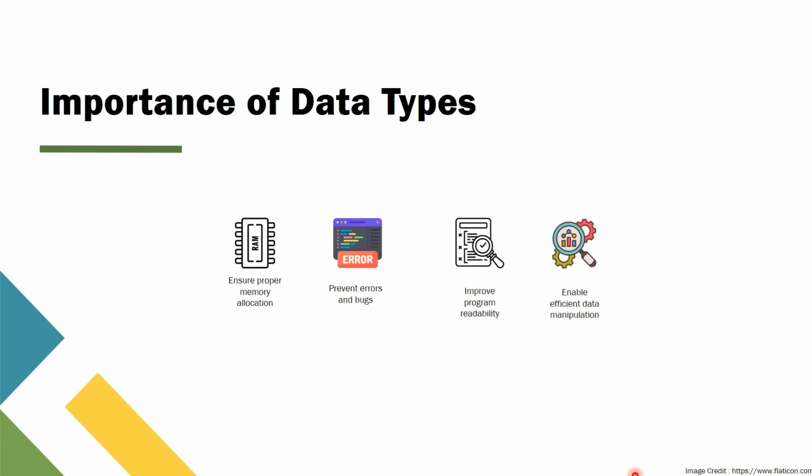Now, what is the importance of the data types? Why do we need them? They ensure proper memory allocation. For example, if you want to store a character, just a letter or alphabet, you need not create a very huge size data type. You will have to create a small character.